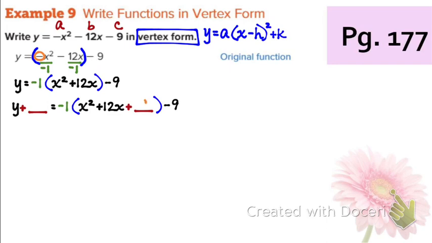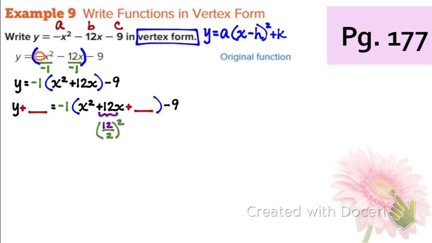We need to figure out what is the value of C that will complete this square. How do I find that value? This is exactly what we did yesterday. Yes, take your B value, so this guy right here, divide it by 2, and square it.